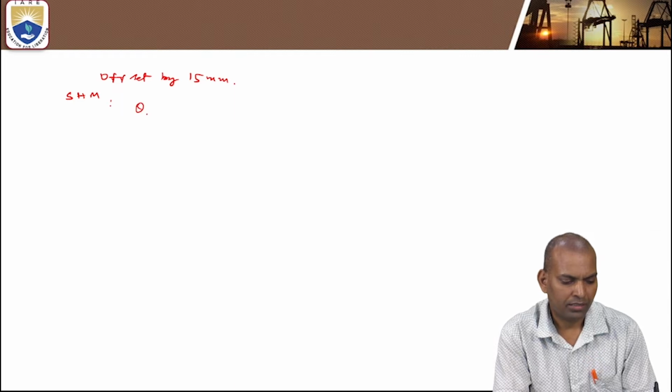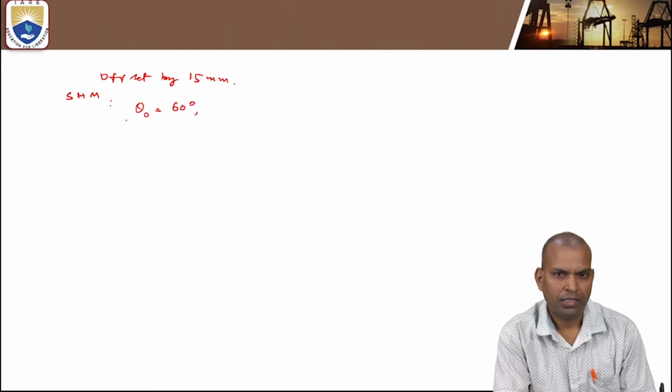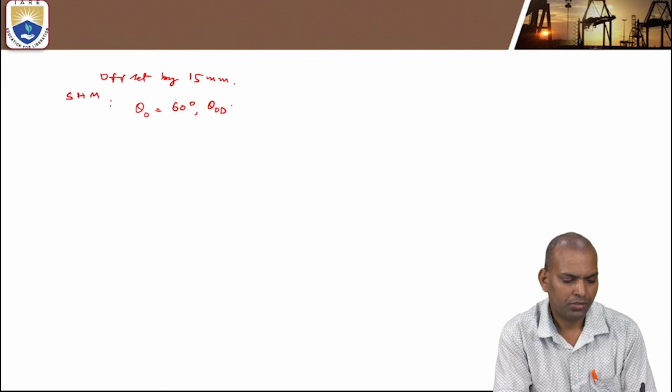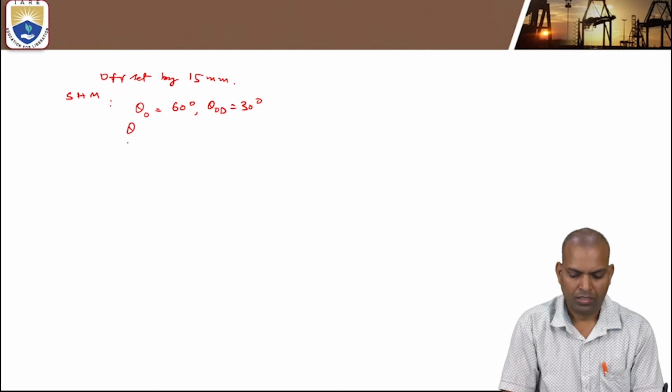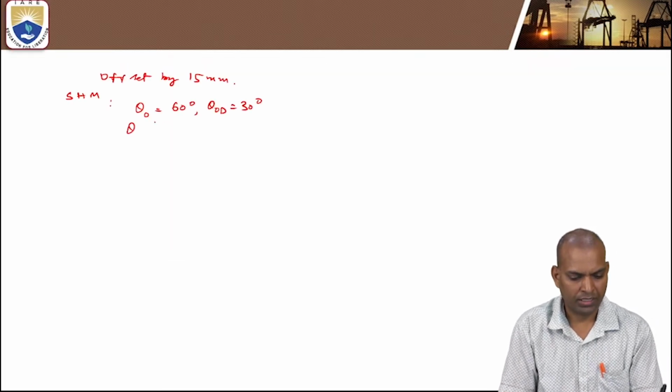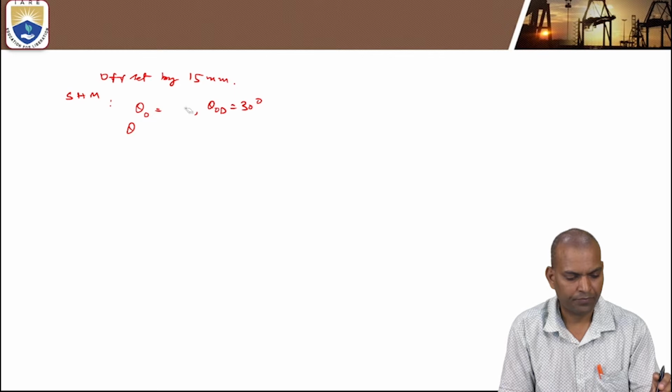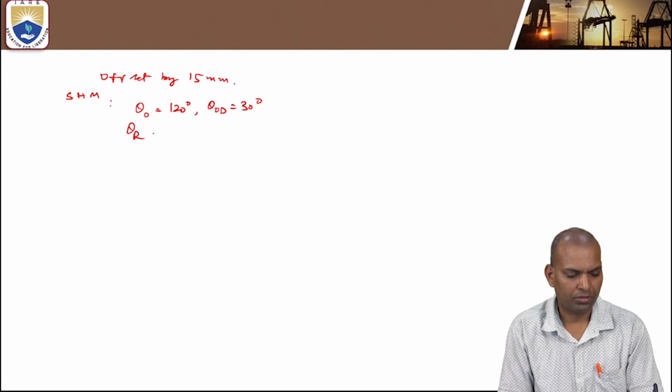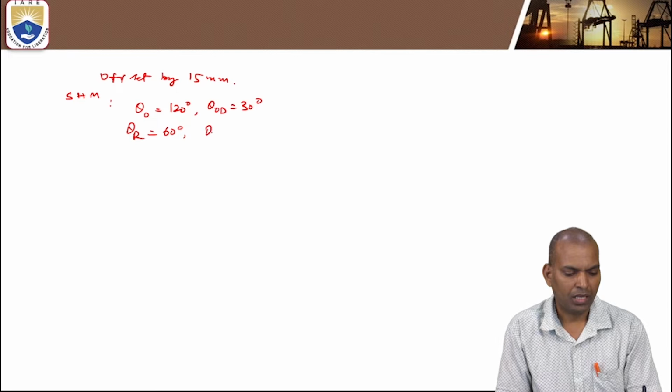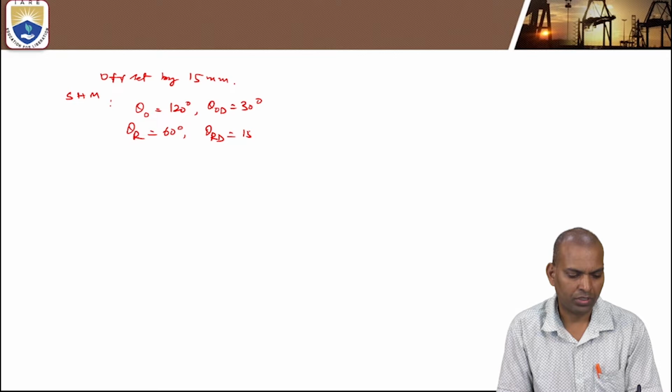The outstroke angle theta is 120 degrees, and the dwell after the outstroke is 30 degrees, and the return stroke, the angle of rotation of the return stroke, is 60 degrees, and the remaining angle is dwell during the return stroke, theta RD, that is 150 degrees.